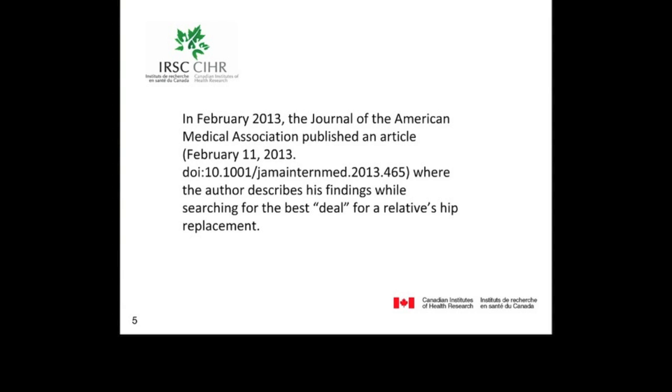The researcher concluded in his paper that the variability of prices was huge across the United States, and the types of services that were associated with the value was also very big.